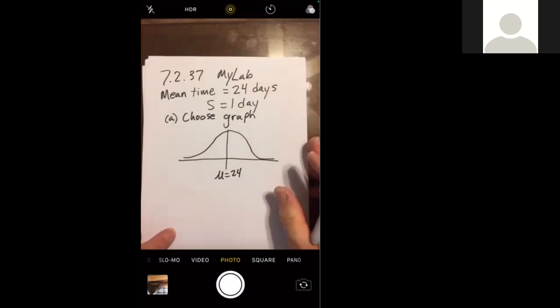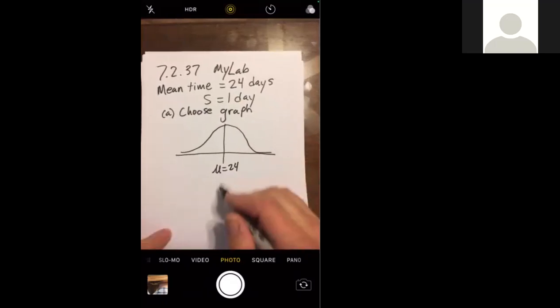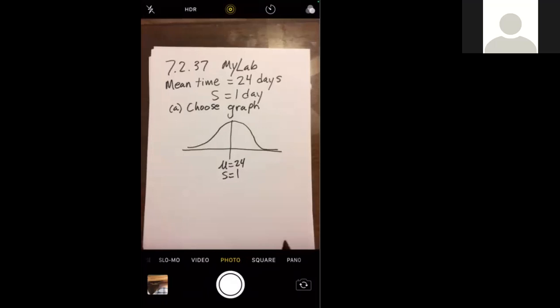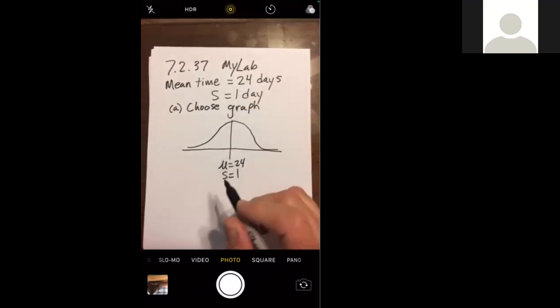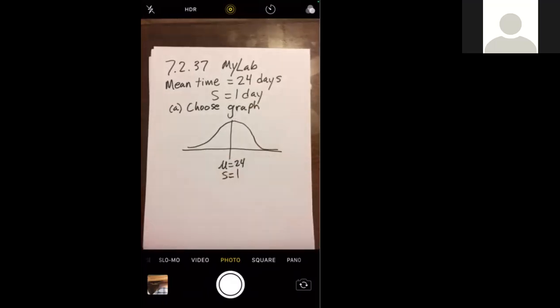Then they say the normal standard deviation is 1 day. They haven't given you any numbers to shade around, so this is all you can draw.